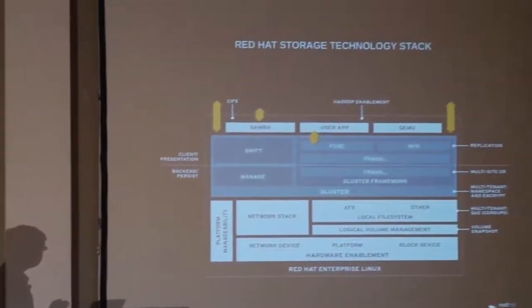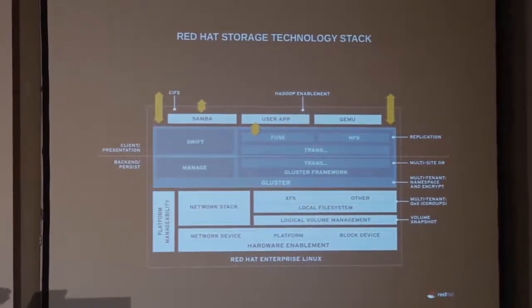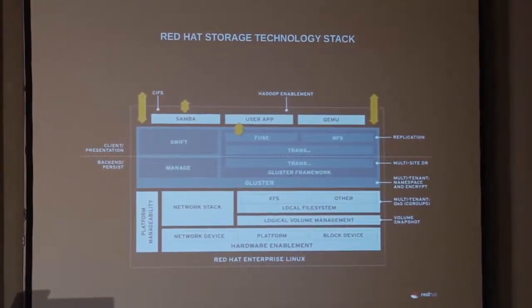So at the top, you see the various presentation layers or various access protocols. So you have Fuse, what we call the Gluster native protocol support. You have NFS. Again, the Gluster native access is built upon a translator stack. We also introduced with RHS 2.0 a Swift-based access to the storage pool.